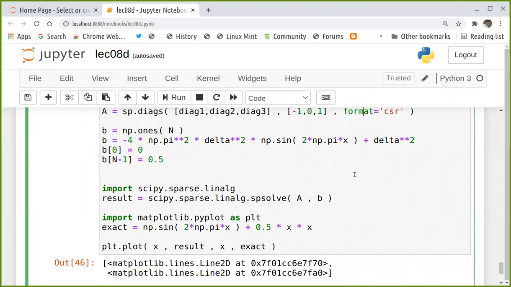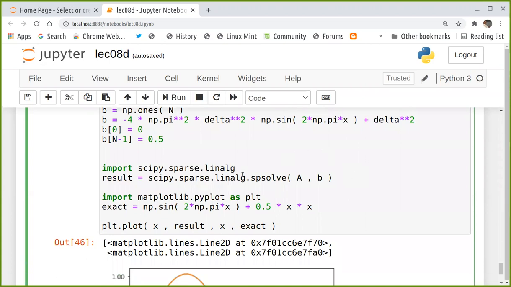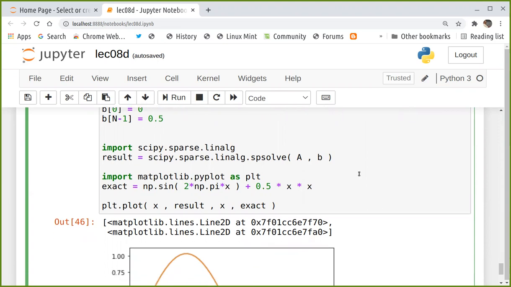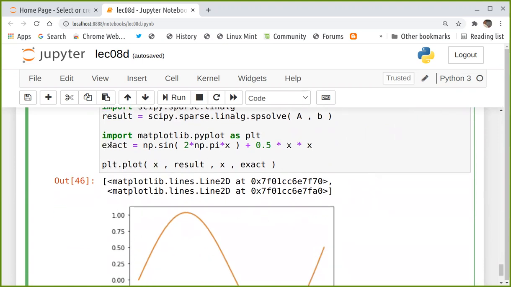Okay, so now import the module that contains the solver, spsolve. So we import that. And now we use spsolve and we give it A and B, and it will return the solution of AX equals B. Now we will plot that result and we'll compare it to the exact solution, which is sine of 2 pi x plus 0.5 x squared.